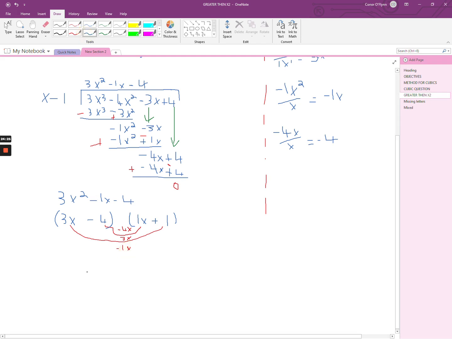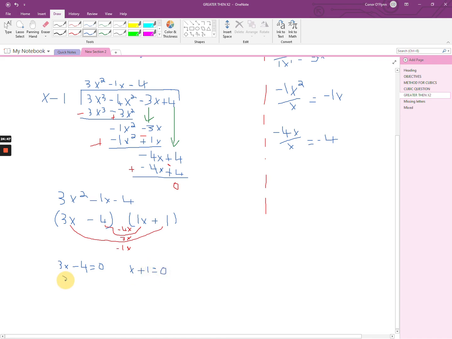Okay, so we just solve for x now. So 3x minus 4 is 0, and similarly x plus 1 equals 0.